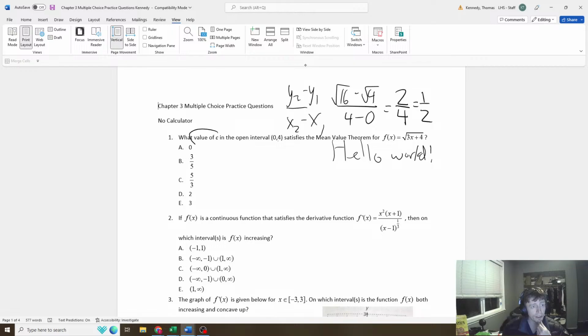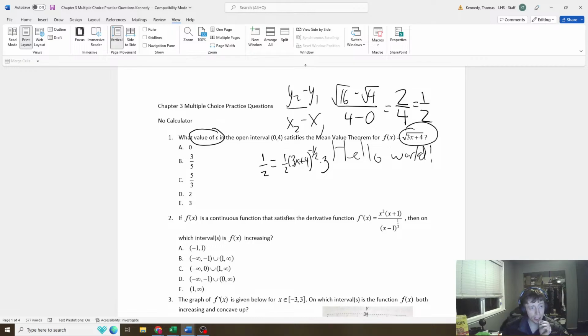And then since you have to find the value of c that satisfies the mean value theorem, what you've got to do is set 1/2 equal to the derivative of this equation, which would be 1/2 times 3x plus 4 to the negative 1/2, times 3 for the chain rule.